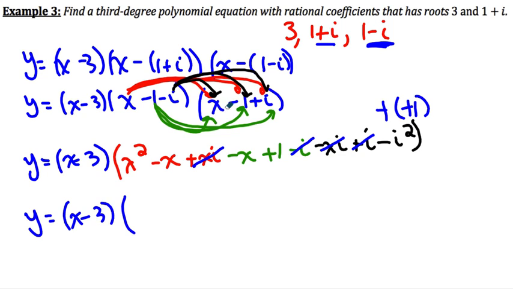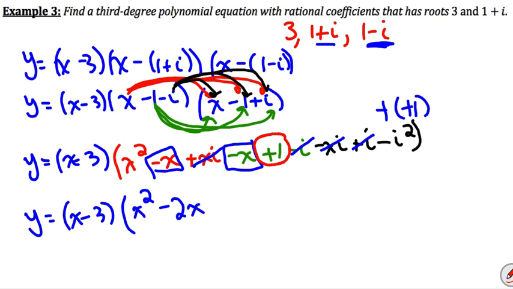So we'll get to that part. All right, so let's bring this down here. So x squared, and then we got a minus x, and another minus x, so that's negative 2x, right? Negative 1 minus 1, that's negative 2x. And then we got a 1, and then plus this 1 right here gives us plus 2.